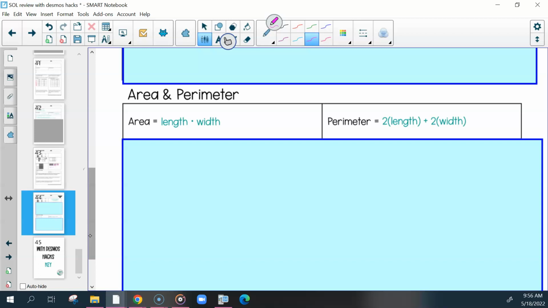Why do we need area? You don't really. We never really used area, not unless we were solving. It was in the beginning of the year. Area is length times width. Perimeter is 2 times length plus 2 times width, but that's not something you need to remember.